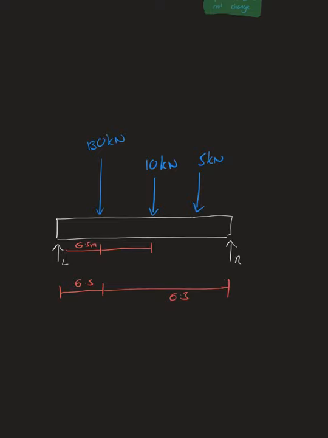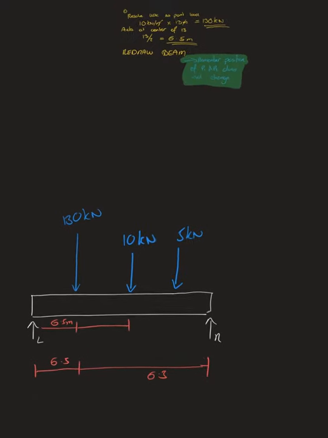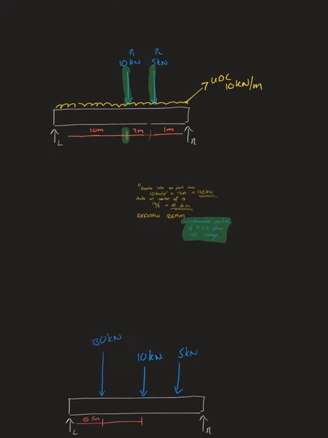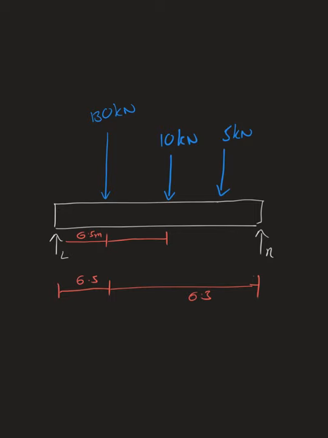And this is the bit where most people fall down. So 10 kilonewtons, or P1, we know it acts 10 meters away from L. I need to update this. So to continue acting at 10 meters, I add in 3.5. And now I know that distance. So from here to here is 10 meters.